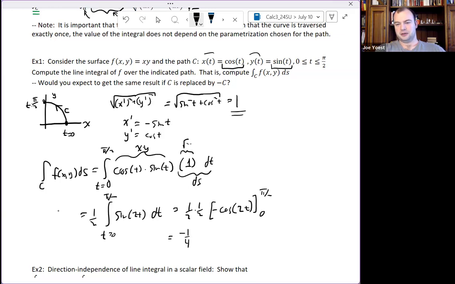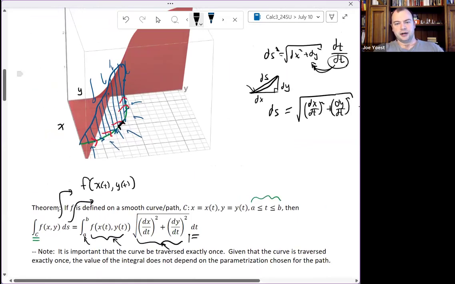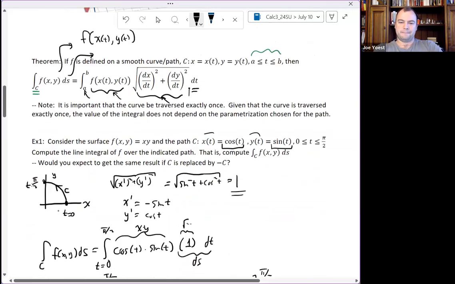So this is minus 1/4 times cosine of 2 times pi over 2. Cosine of pi is minus 1. Subtract cosine of 0, which is 1. So this gives me negative 2 over negative 4. That's 1/2. So in other words, the area of this poorly drawn shape here, this kind of shape that curves this way and curves this way, is 1/2.